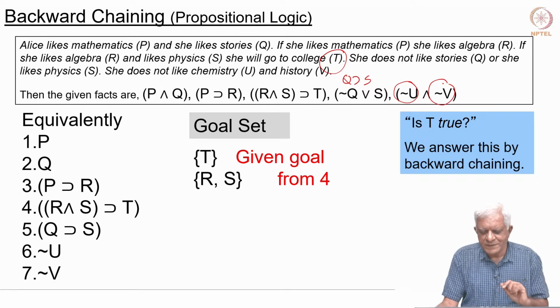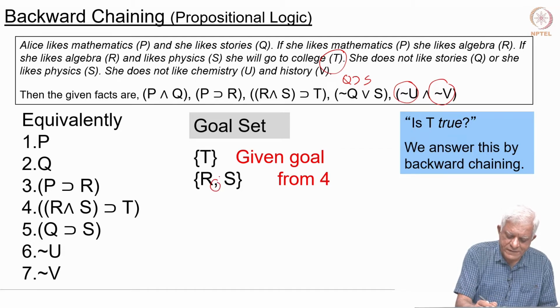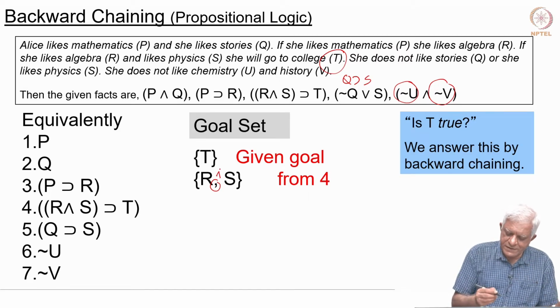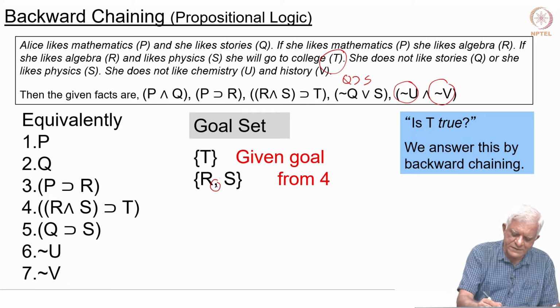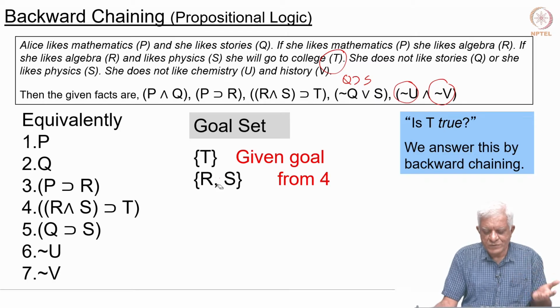So, the comma should be treated as an AND essentially, because it is a set, we are not writing AND, but treating it as a set of statements which we want to show to be true. So, we will of course handle them one by one.